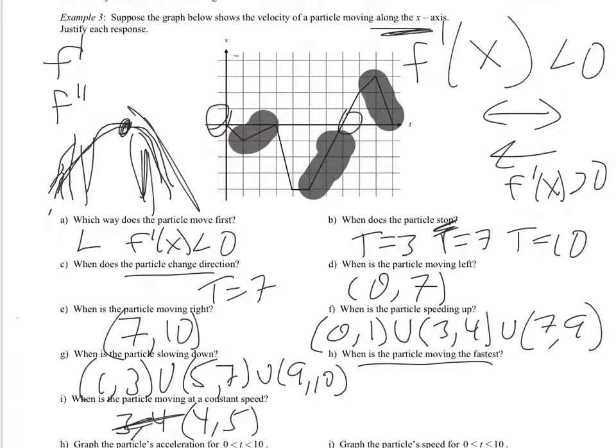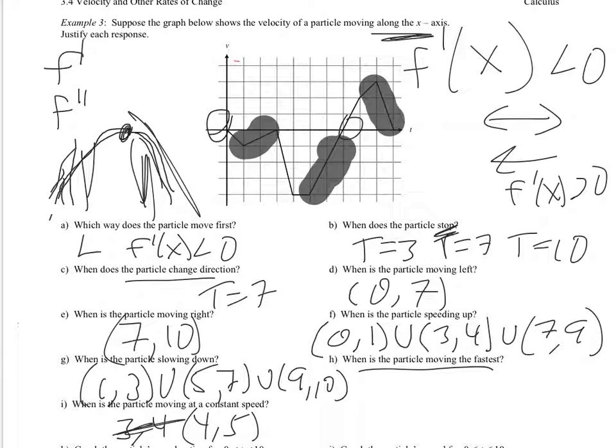So here I'm seeing 1, 2, 3, 4. That's a velocity of -4. So the speed would be +4, and that's bigger than up here. So it's moving fastest between 4 and 5. I almost wrote 5 and 6.